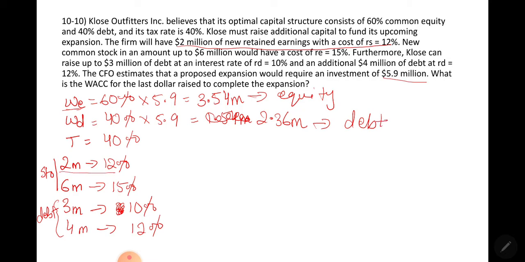We will see how this equity will be raised. So 2 million can be raised at 12%. First, they will try to exhaust the least expensive option. So they will raise as much as they can at the 12% rate.